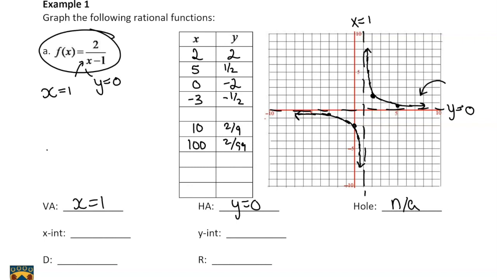Let's do one more thing just to talk about why it extends up vertically and why it goes up so quickly. So imagine where x equals 1, and imagine you pick something like 1.1, something just barely to the right of x equaling 1. Well, if you put 1.1 in for x, you would get 2 over 0.1, and 2 over 0.1 is actually going to be 20.